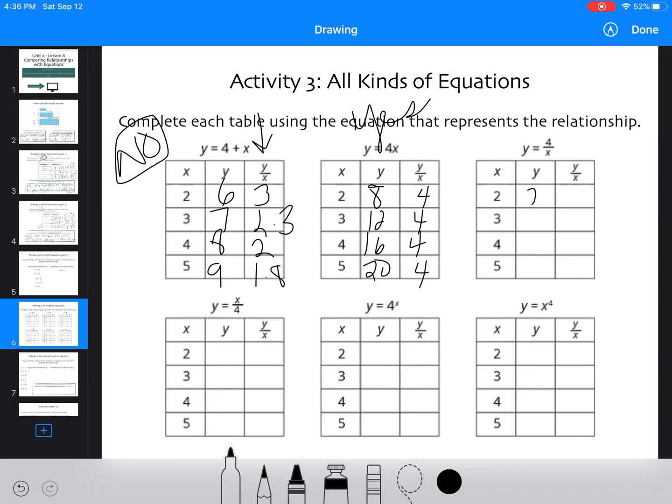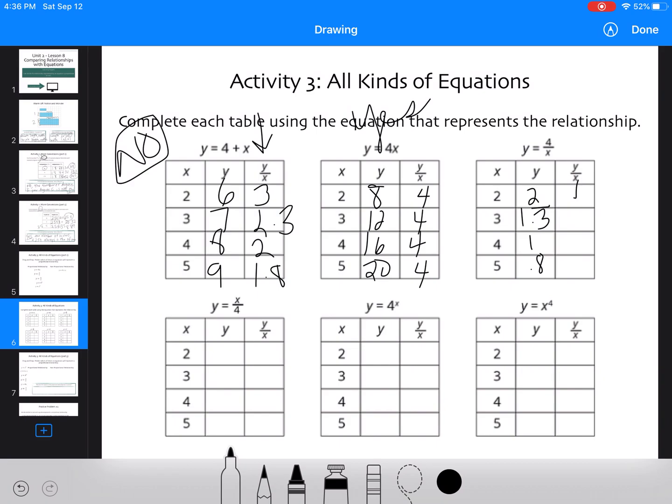So 4 divided by 2 is 2. 4 divided by 3 is 1.3 repeating. 4 divided by 4 is 1, and 4 divided by 5 is 0.8. So now I have to test it. So 2 divided by 2 is going to be 1.